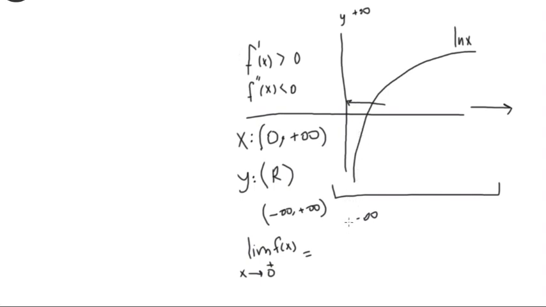When we approach 0 on the graph, we don't know the exact result, but it goes to negative infinity. So the value is negative infinity.